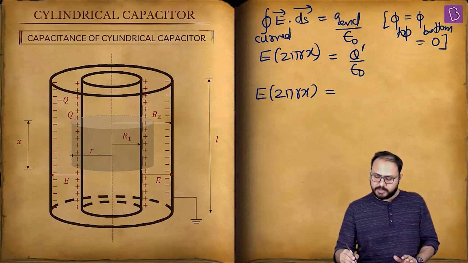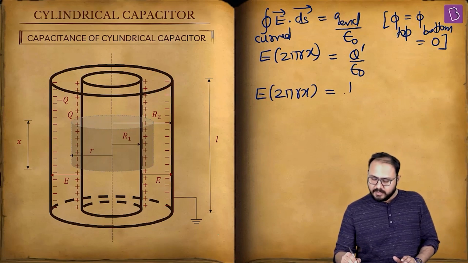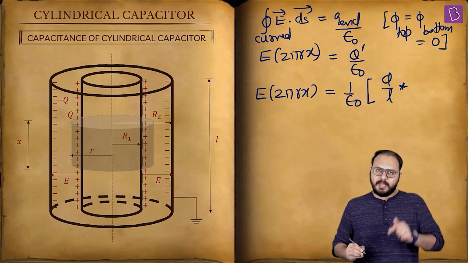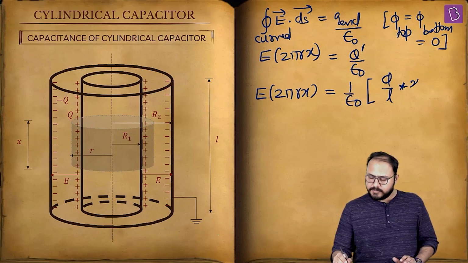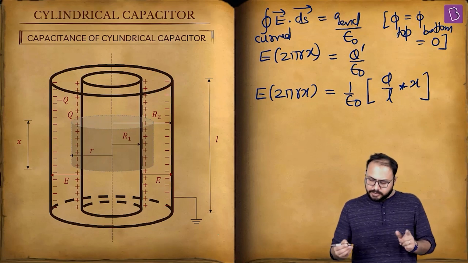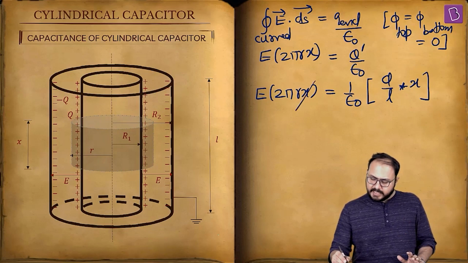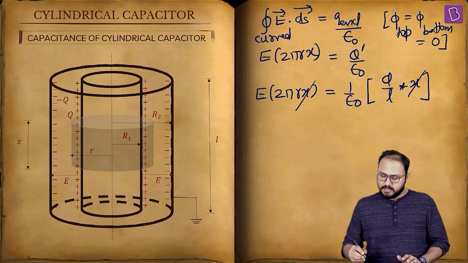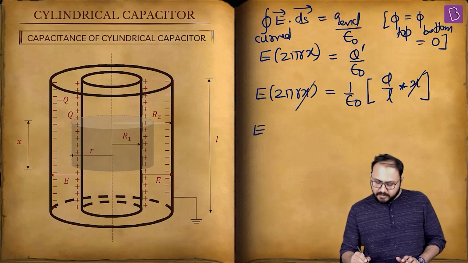So by the unitary method, 1 upon epsilon naught, you can separate Q by L and multiply by the effective length of the Gaussian surface, x. Now x gets cancelled. Nice.